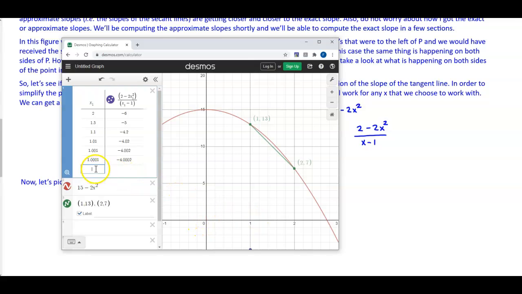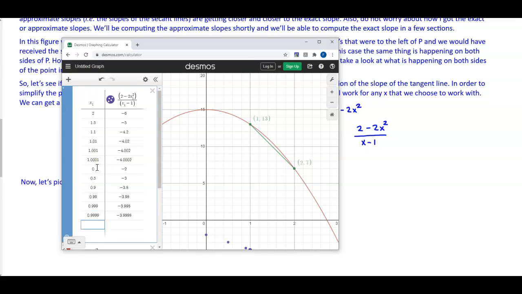We plug in 0 and get a slope of negative 2. 0.5 gives negative 3, 0.9 gives negative 3.8, 0.99 gives negative 3.98, 0.999 gives negative 3.998, and then 0.9999. You can see that it's getting closer and closer to negative 4.